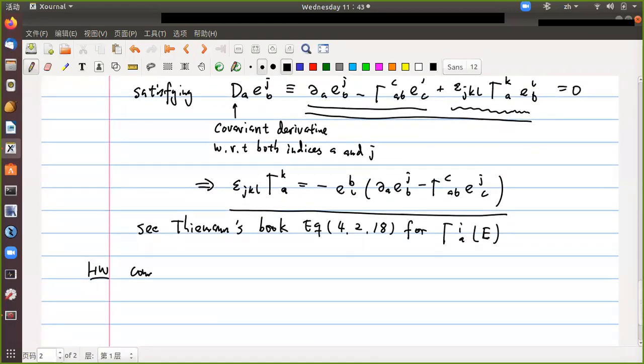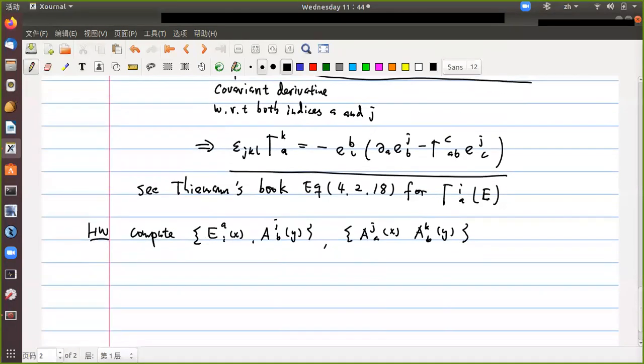Compute the Poisson brackets of E and A, and A and A. Okay, and you don't need to compute E and E because it's the same as before.